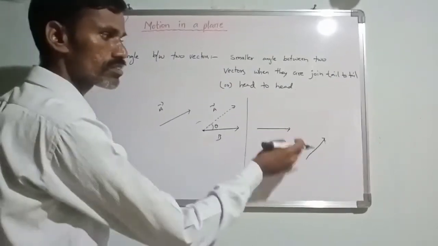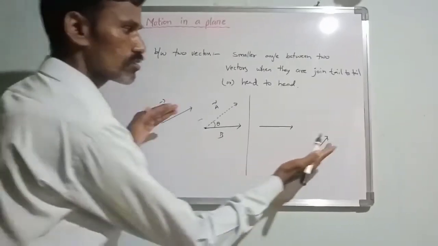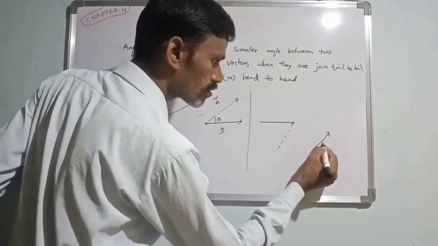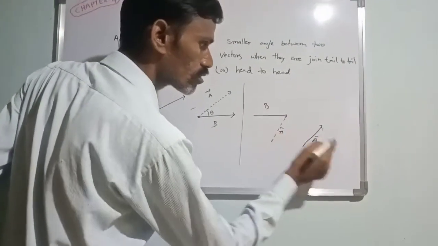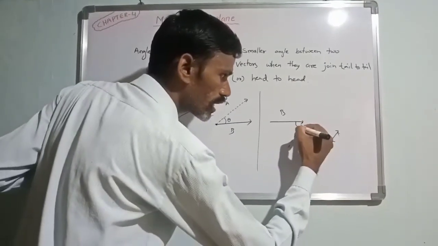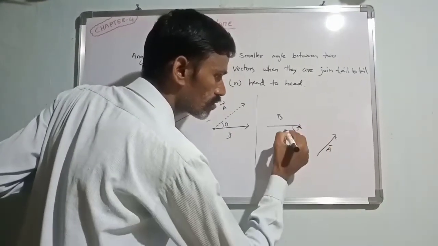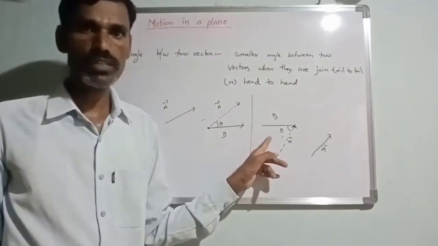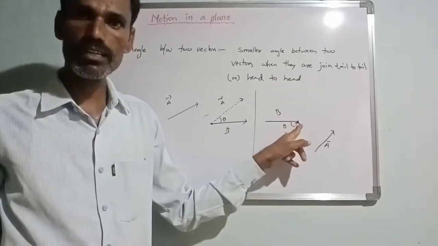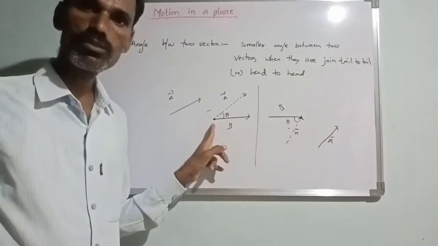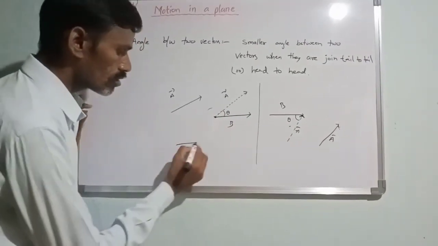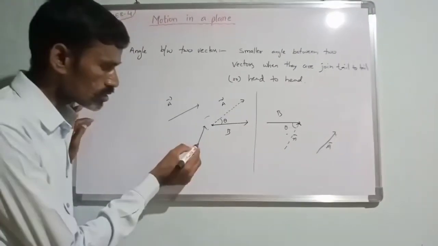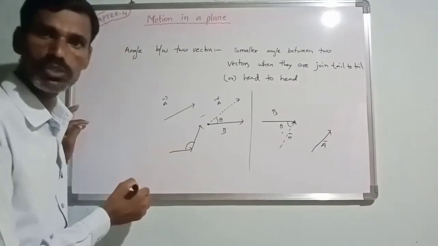If we draw a parallel line to A, now this smallest angle is taken as the angle between two vectors. Here head to head is connected, and here tail to tail is connected. If it is like this, then this is not the angle between these two vectors.